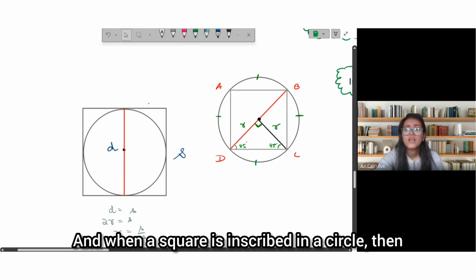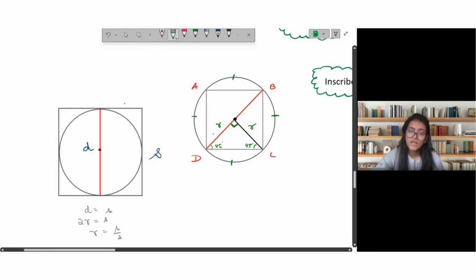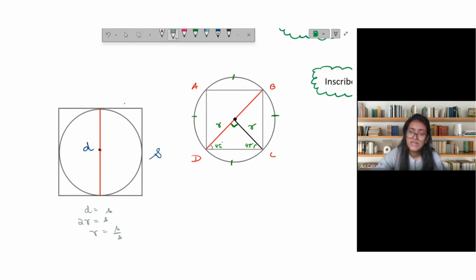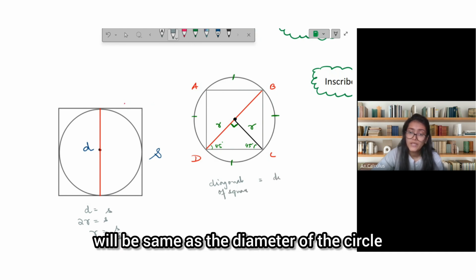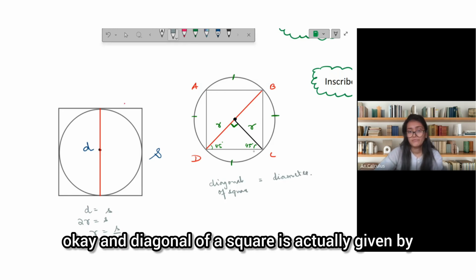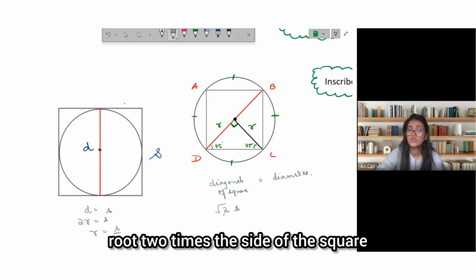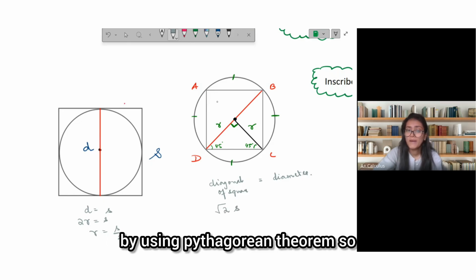And when a square is inscribed in a circle, the diagonal of the square will be the same as the diameter of the circle. The diagonal of a square is given by root 2 times the side of the square, using the Pythagorean theorem.